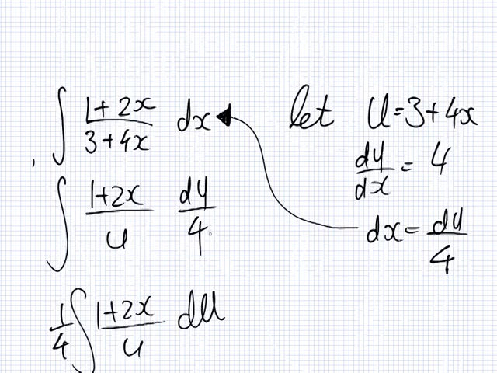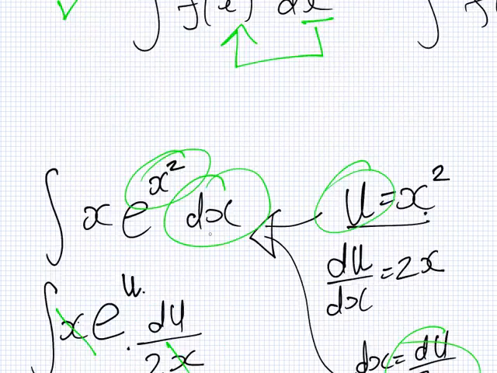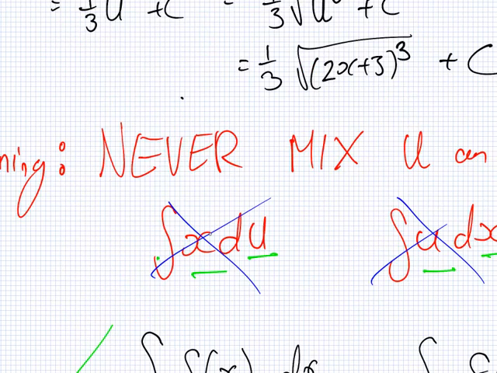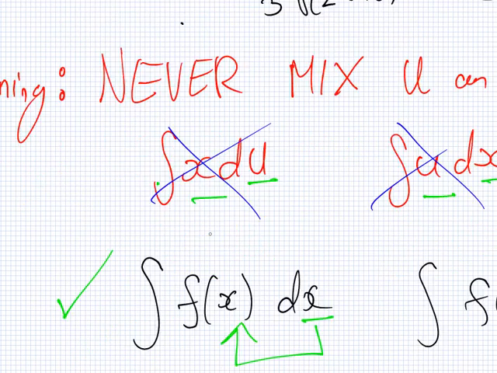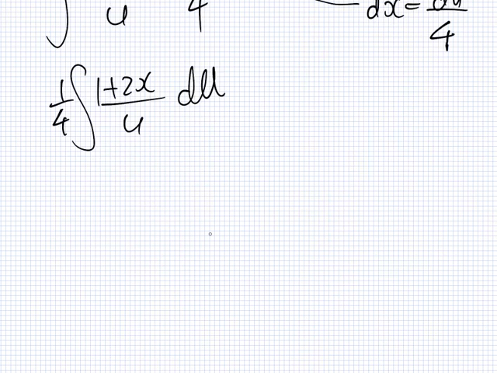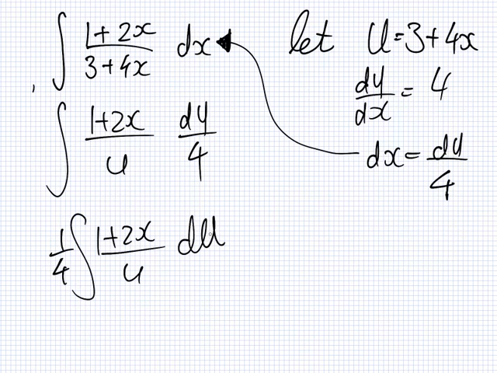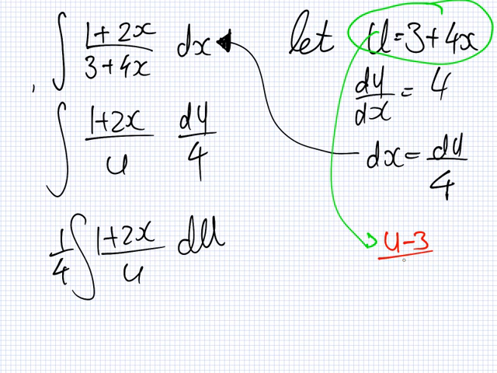Yeah, if the u and the x are mixed. Because you have an x and you have a u, don't you? So how can we fix that? Well, we go back here. You can rewrite that as u minus 3 over 4 equals x.